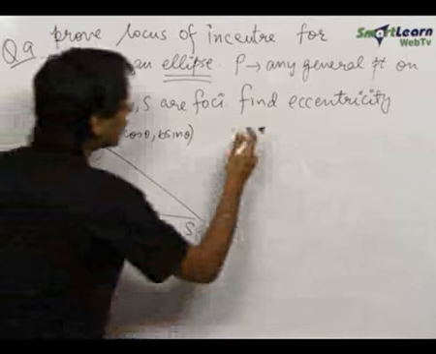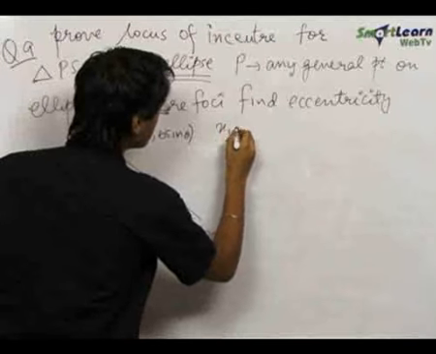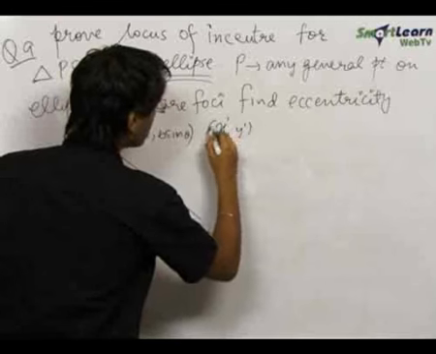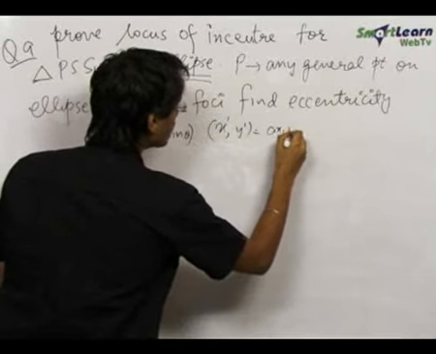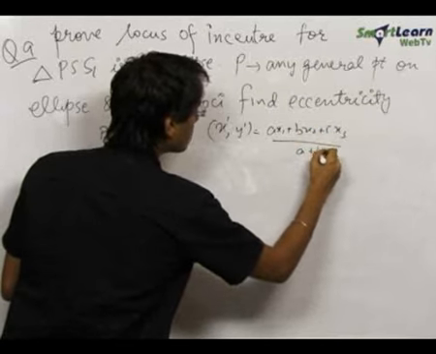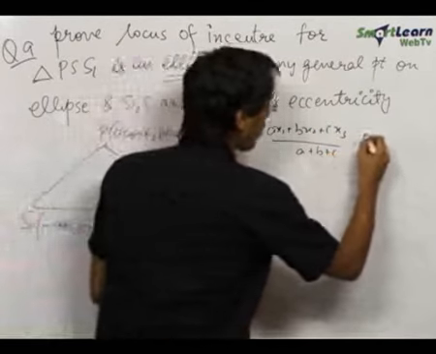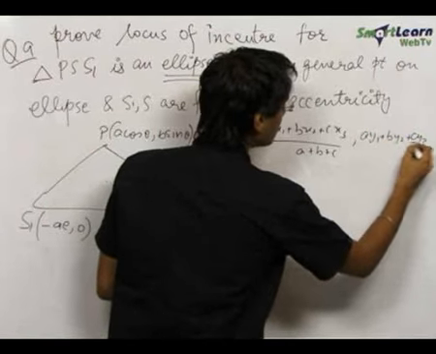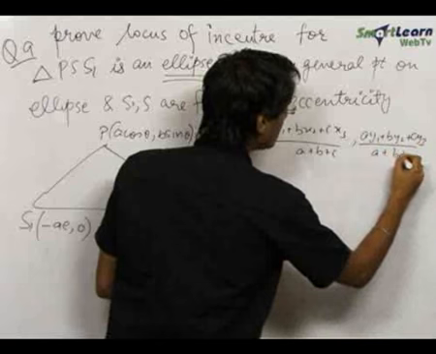For the incenter, we know that the formula of incenter is the x and y coordinates are ax1 plus bx2 plus cx3 upon a plus b plus c, comma ay1 plus by2 plus cy3 upon a plus b plus c.